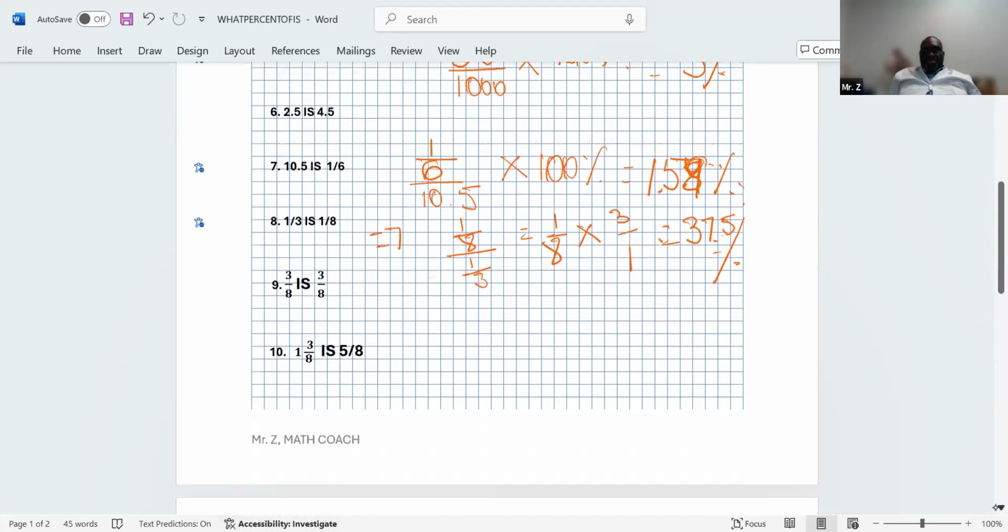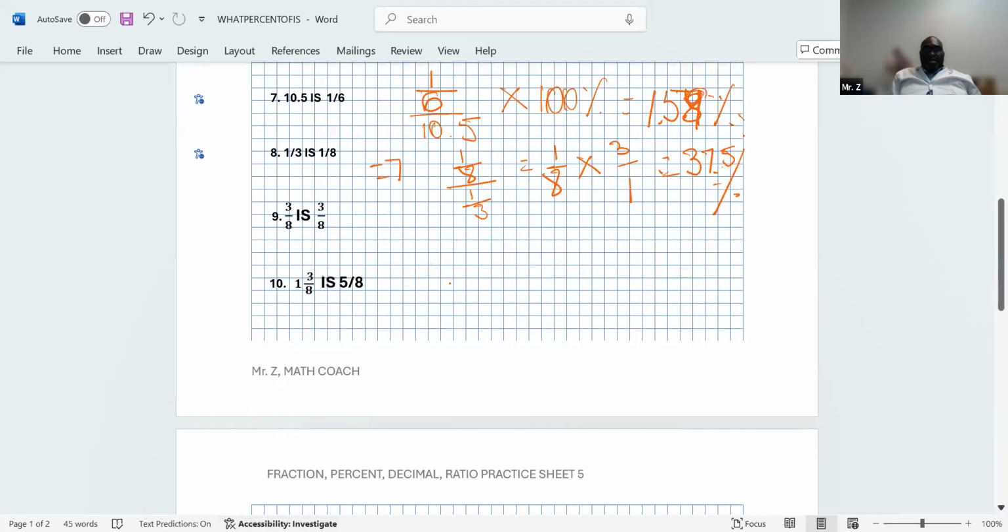All right. Let's look at number 9. Number 9, you have 3/8 divided by 3/8, a fraction divided by a fraction. Whenever you are dividing a fraction by another fraction that has the same value, you're going to have 1. So since 3/8 and 3/8 are the same, we gotta find what percent of that number is going to give us 3/8, the same value.